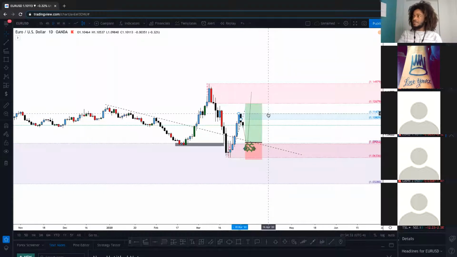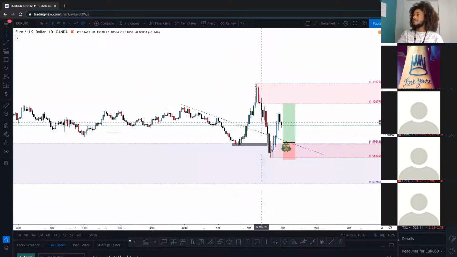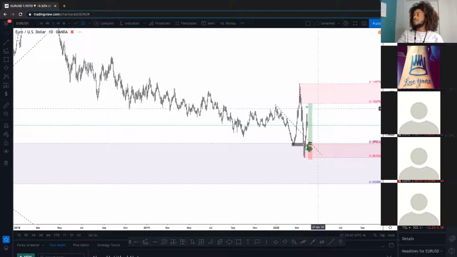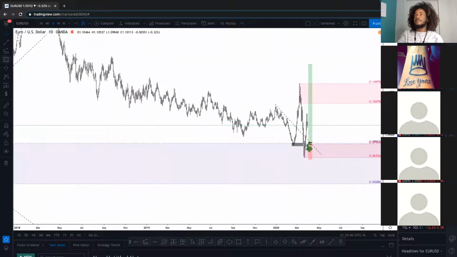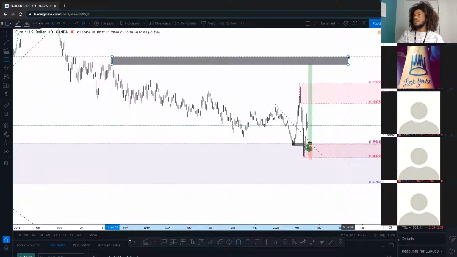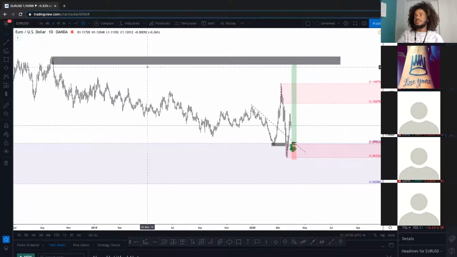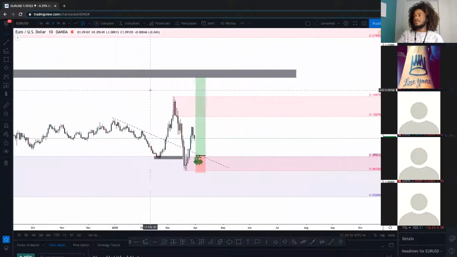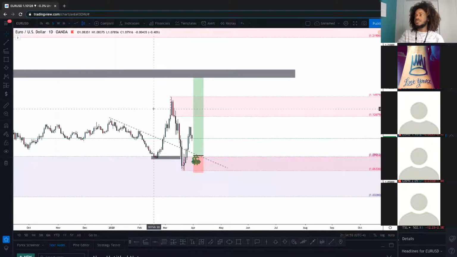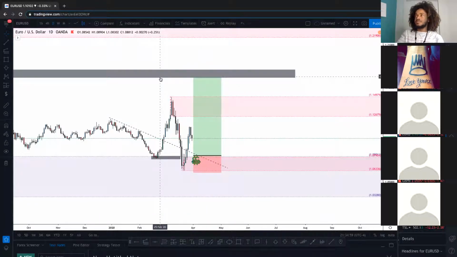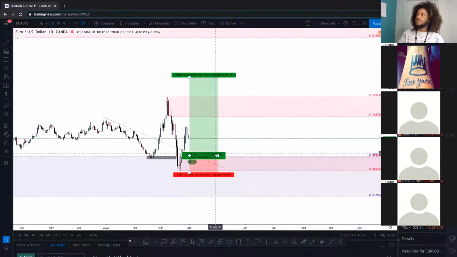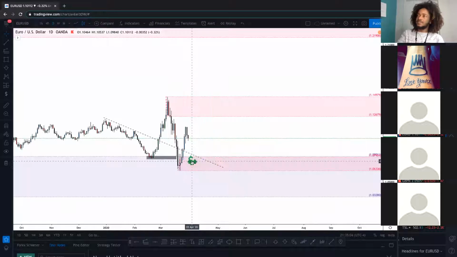Your second take profit will be at the next level, which will be here, these nice little daily supplies. So potential 900 pips, but we're going to wait and see.